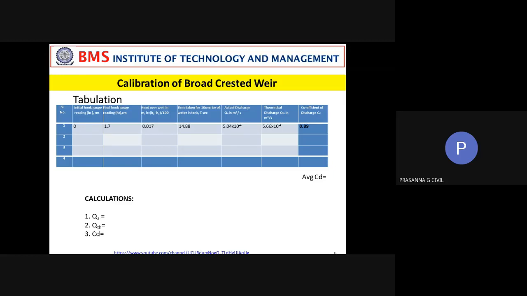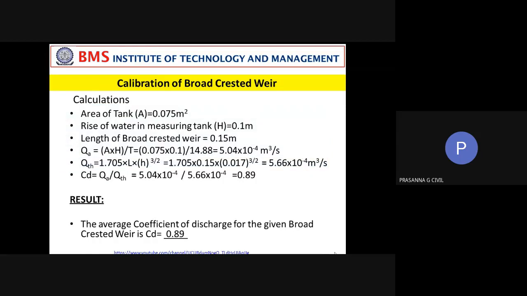So let us look at the calculations. Area of the collecting tank was 0.075 meter square. Rise of water was kept as 10 centimeters, so 0.1 meter. The length of the broad-crested weir was measured as 0.15 meters.